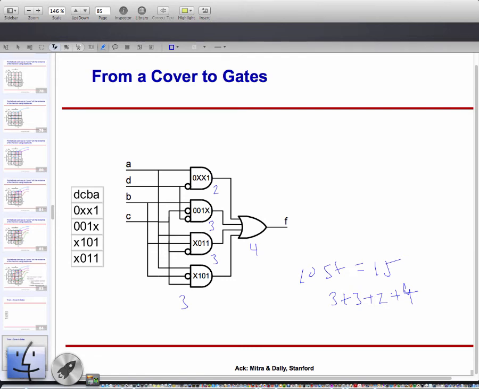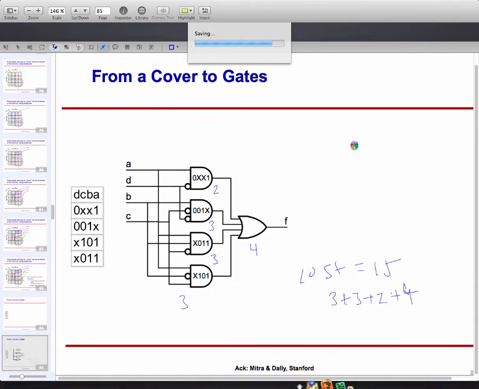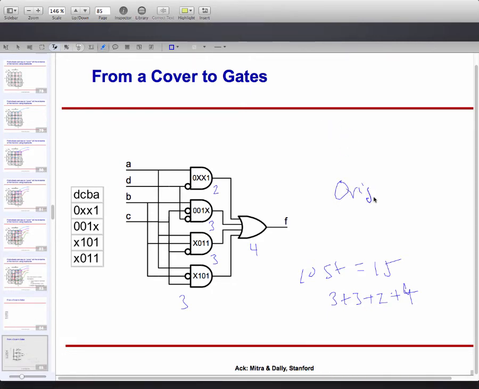And when we had started out, I had 7 minterms of 4 each, so that was 28, and then I had an OR gate with 7 inputs, so a total of 35. So the original cost before we did all this was 7 times 4 plus 7, which was 35.